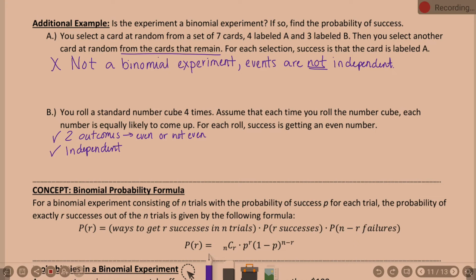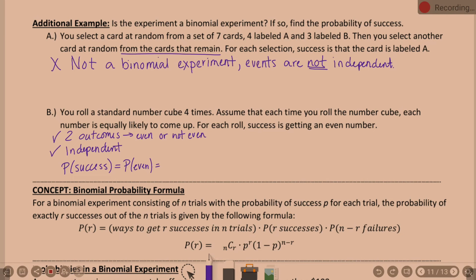And then what about probability of a success? Is it going to be the same every time? Probability of a success is probability of getting an even number. What is the probability of getting an even number? It's a half, right? 3 out of 6, which becomes 1/2.